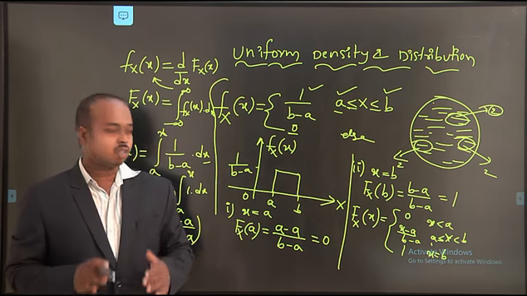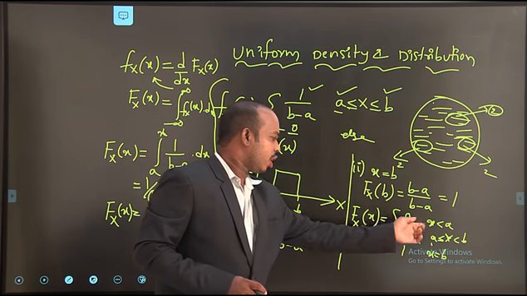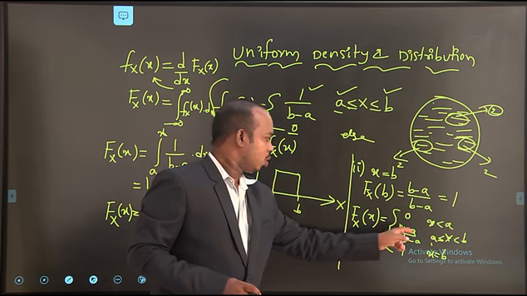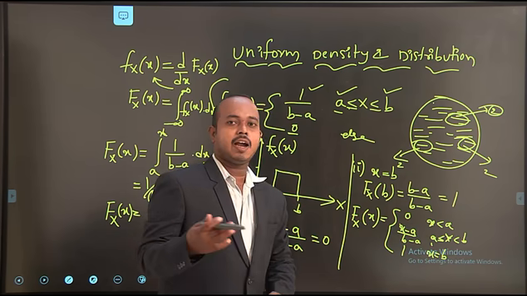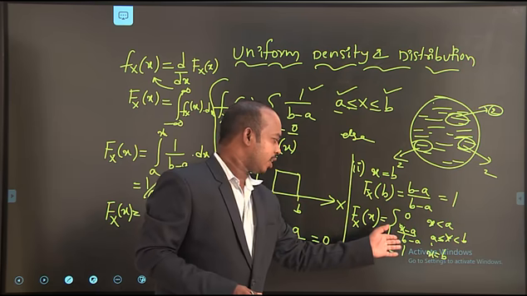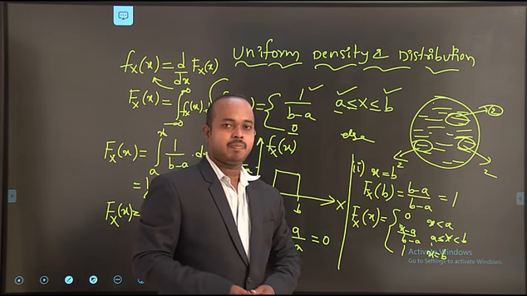Finally, we are defining the distribution function: for x less than a, the quantity is 0, and for x lying between a and b, the quantity is x minus a divided by b minus a.